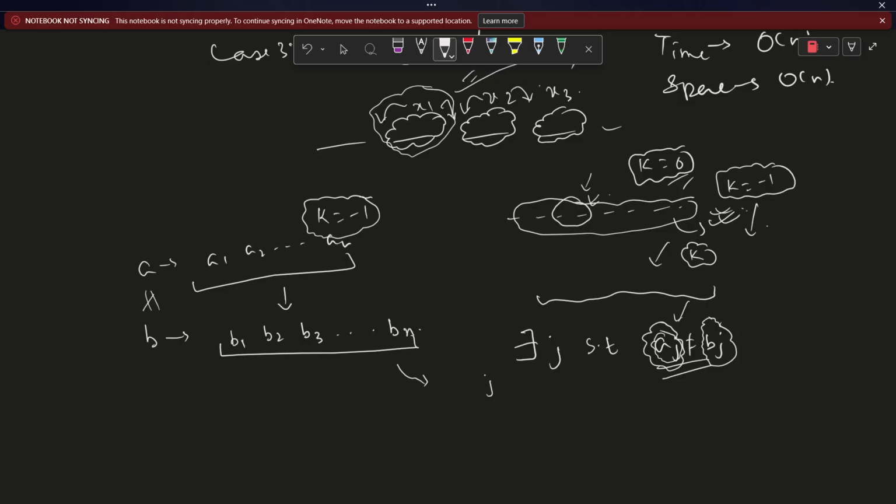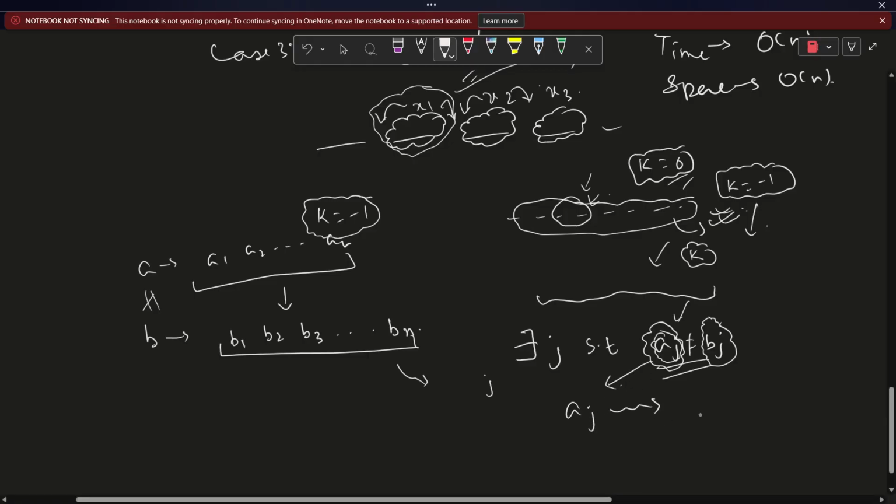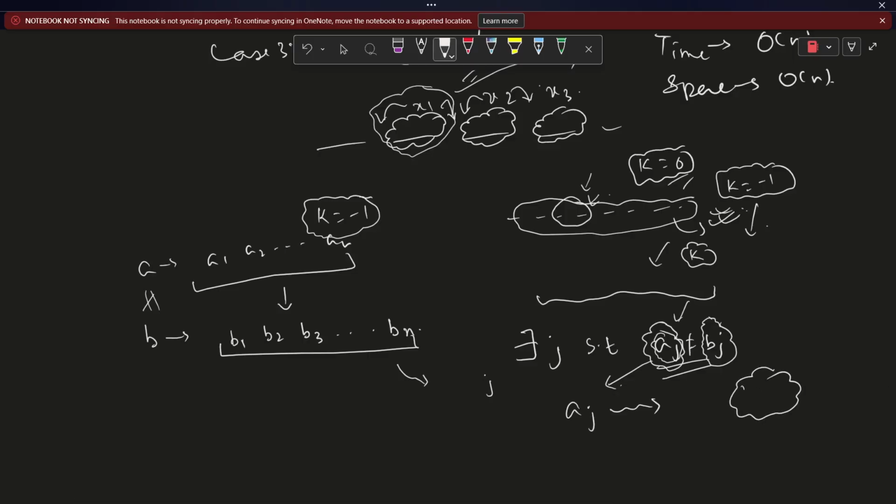And to do swaps, let's say there are some numbers x1, x2, x3. If aj can be swapped with any of these values, which value am I going to choose?